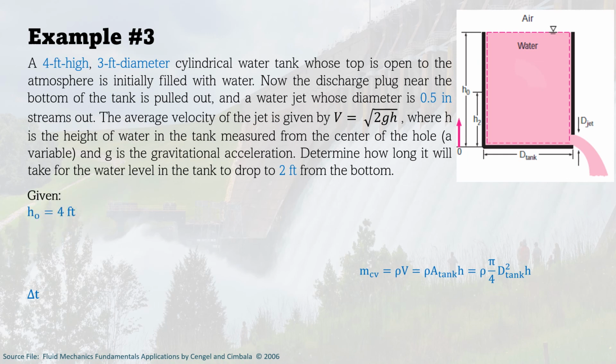We are given the full height of the water, which is 4 feet, the diameter of the tank, which is 3 feet, and the diameter of the jet, which is 0.5 inch. The unknown is delta t, which is the time it will take for the water level in the tank to drop to 2 feet from the bottom.